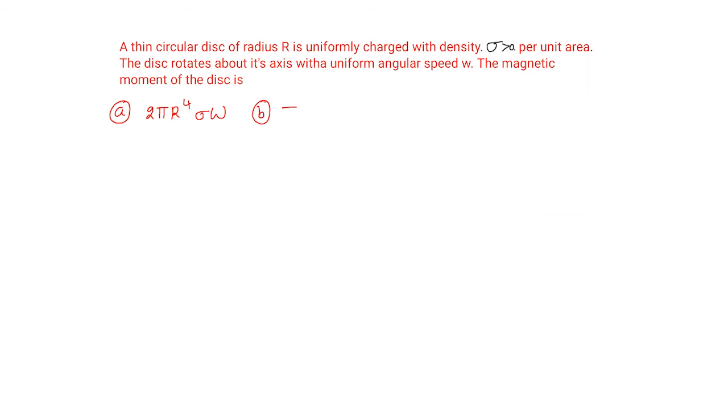The options are 2 pi r to the power of 4 sigma omega, pi r to the power of 4 by 2 sigma omega, pi r to the power of 4 by 4 sigma omega.